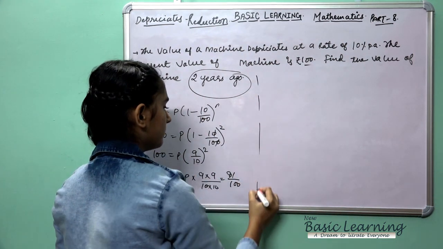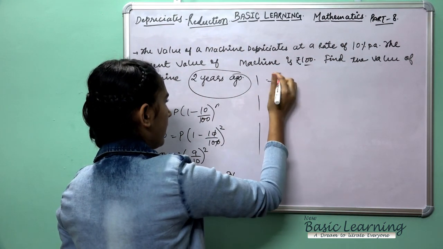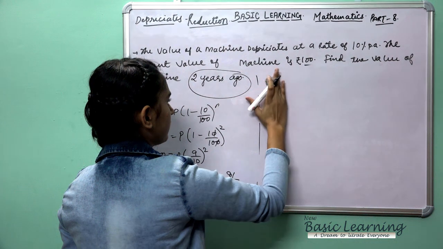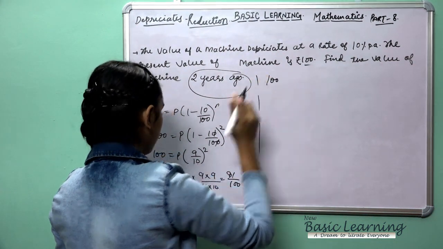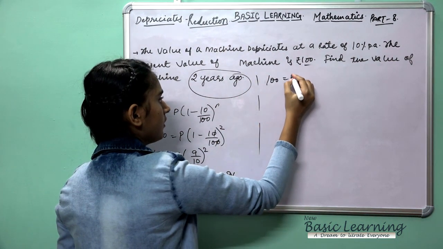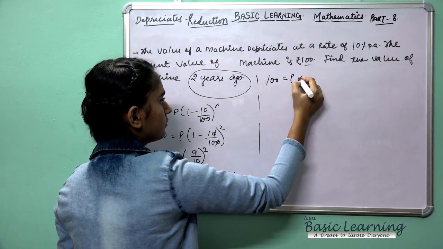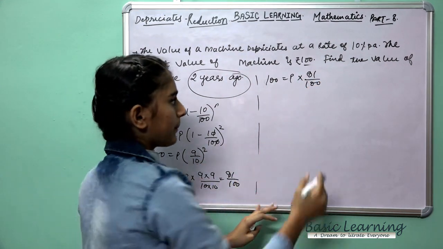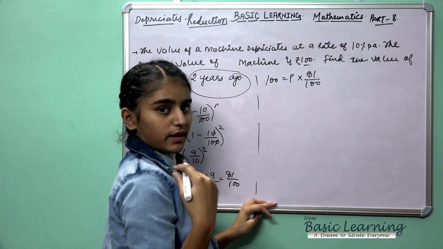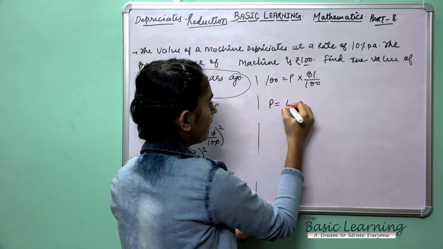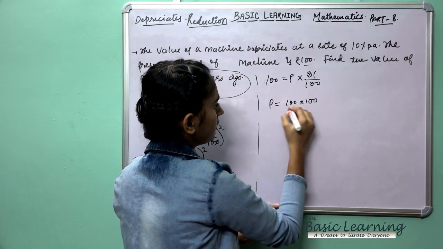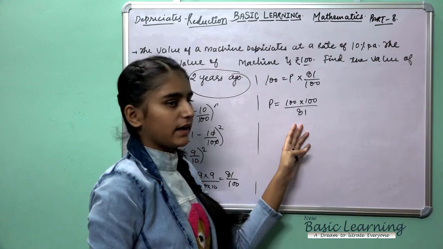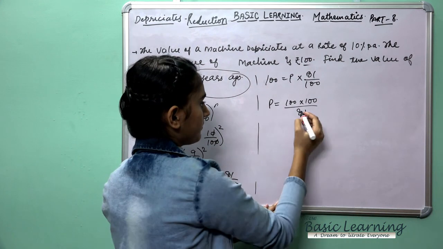Now 100 equals principal into 81 upon 100. Cross multiply: principal equals 100 into 100 upon 81. By cross multiplying, the values are changed.